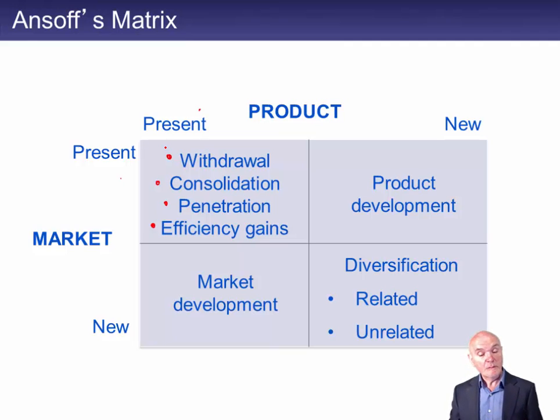And we did talk when we were looking at customer portfolio analysis and customer profitability analysis, that there may be some customers who seem to make a profit, but by the time you bring in all the costs of looking after them and dealing with them and so on, you're not making very much out of them at all. So you might actually decide to withdraw from that market and concentrate your resources on more lucrative, more profitable markets.